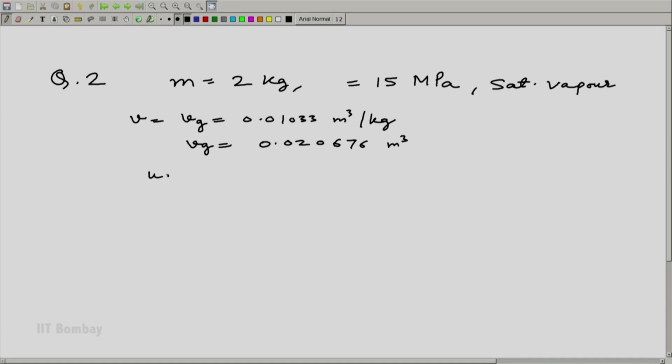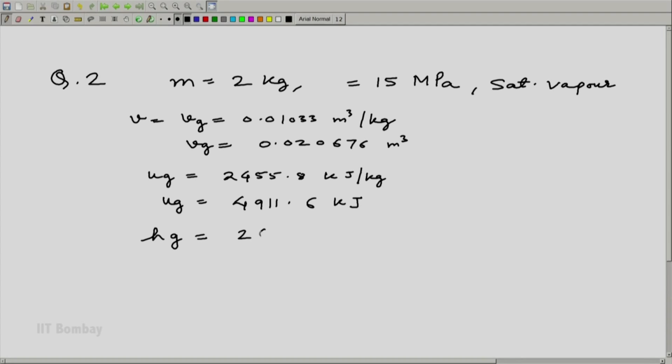Similarly, Ug is equal to 2455.8 kilojoule per kg. In our case Ug will be equal to 4911.6 kilojoule, not per kg now. Similarly, Hg from the table is 2610.7 kilojoule per kg.